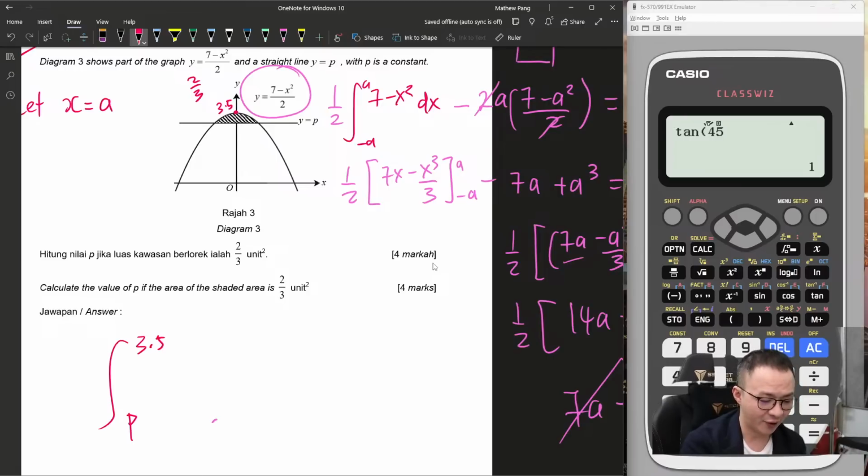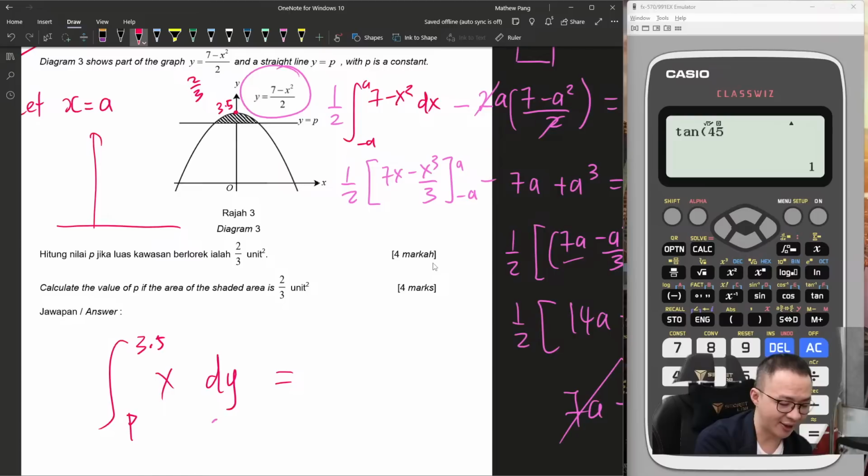Okay, then because here must be x dy, I want to make x the subject. But then here, if you integrate p to 3.5, you're only getting half of the area. Okay, so you were only getting something like this. P to 3.5.